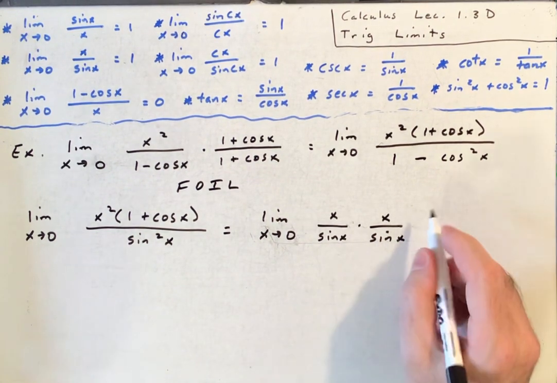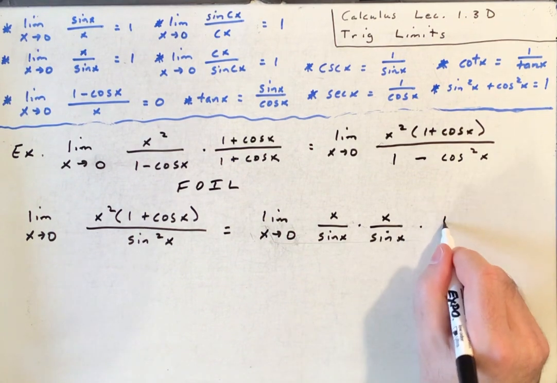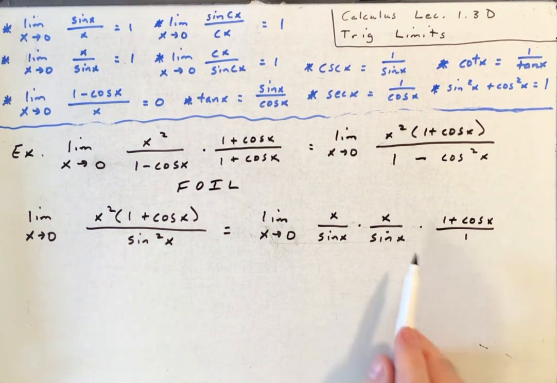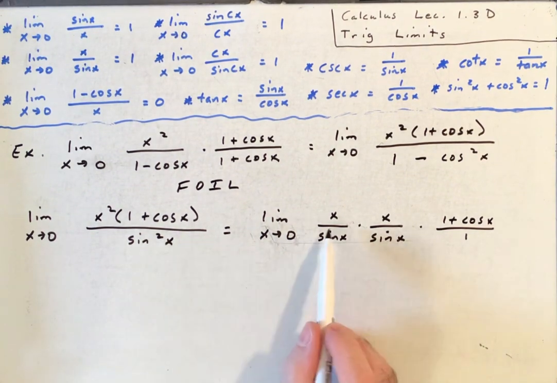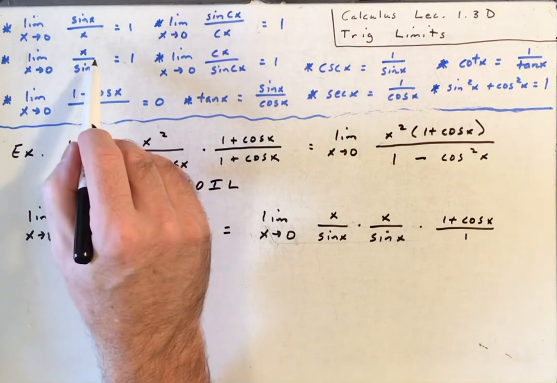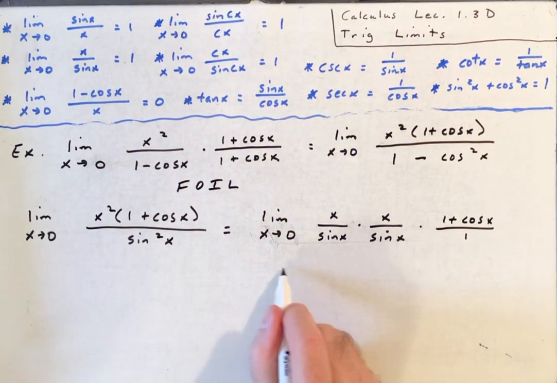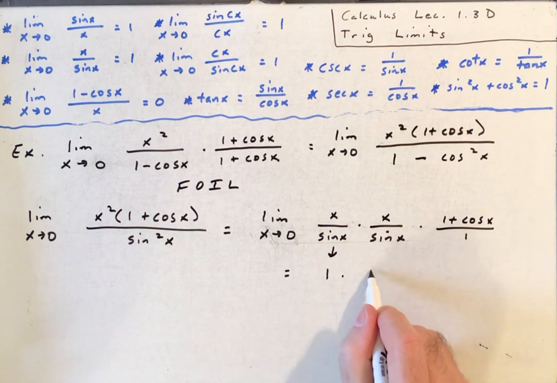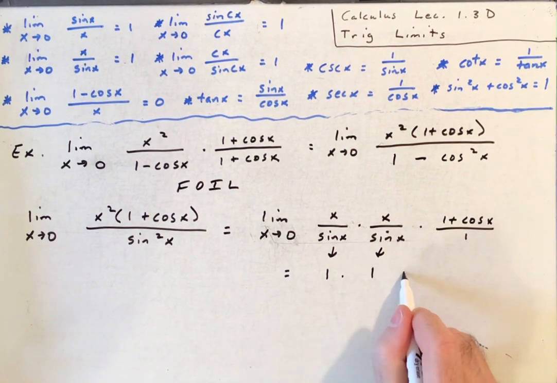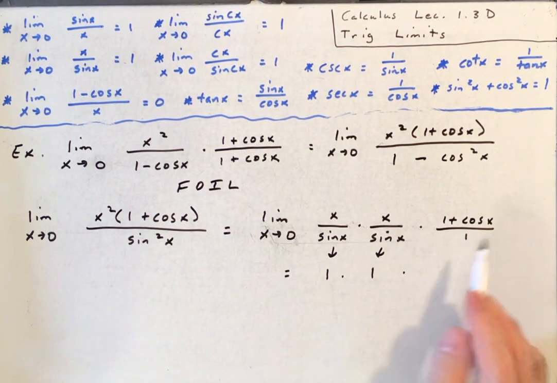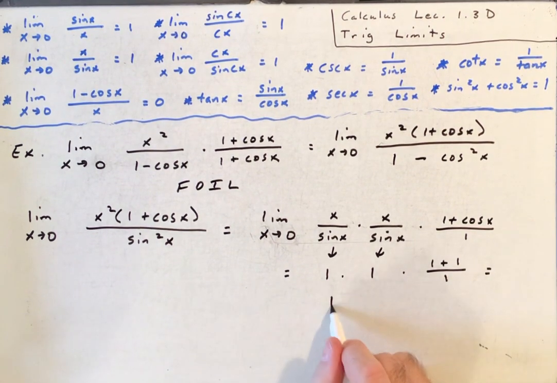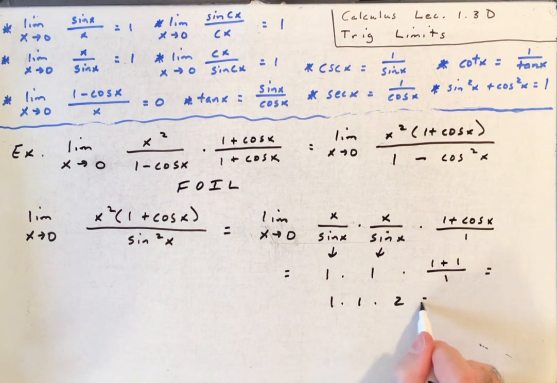Those two, I didn't do anything illegal. Then 1 plus cosine x over 1. That's the exact same thing as this, but now the way I wrote it, I can see these identities here. So that's going to be 1 times 1. And then the cosine of 0 is 1, so times 1 plus 1 over 1. So that's 1 times 2, and that is 2.